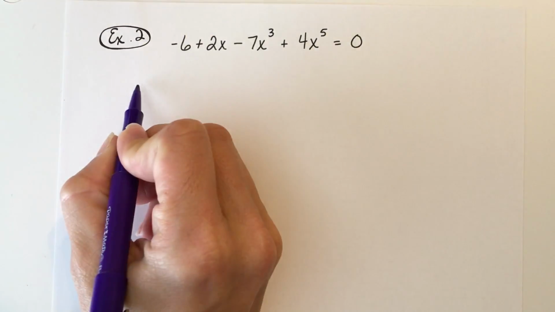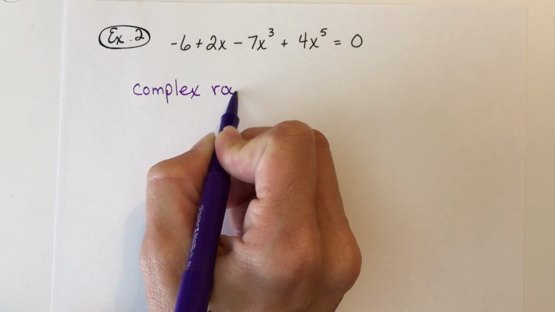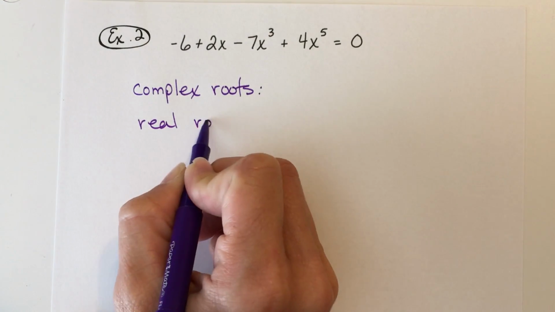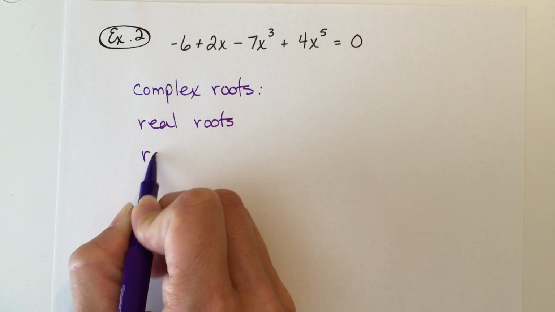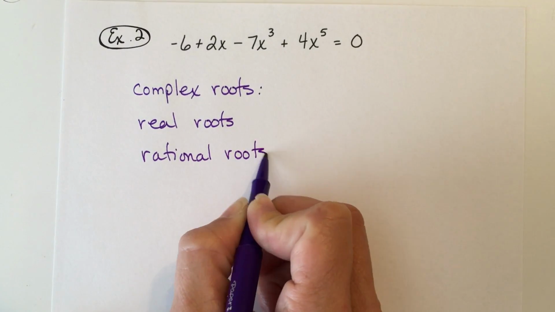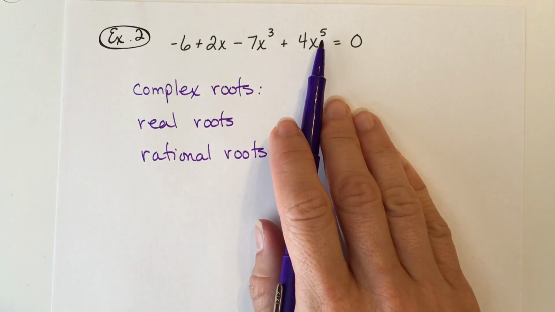Okay, so first of all, complex, real, and the rational. Okay. Now on this one, it's written in ascending order. The order it's written in doesn't matter, just as long as you are locating your largest exponent, in this case being a 5.